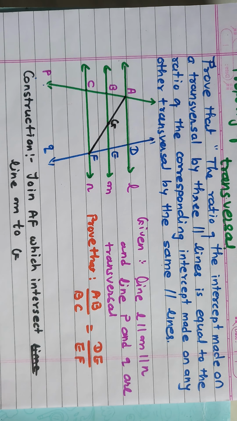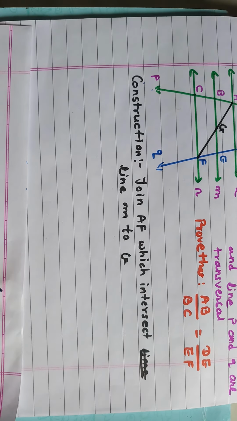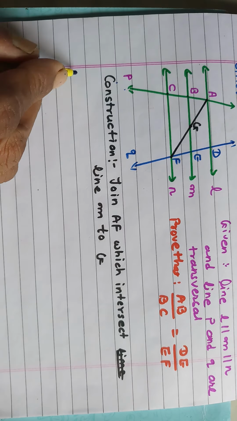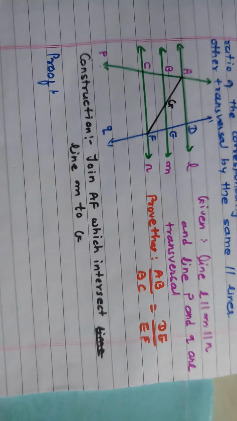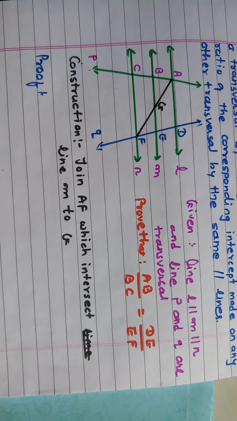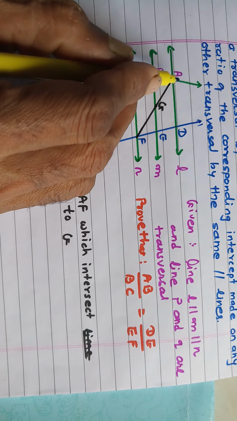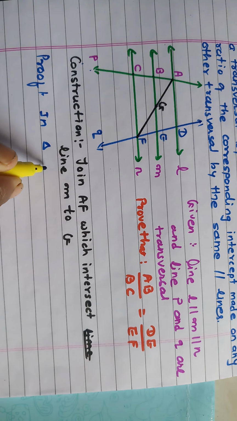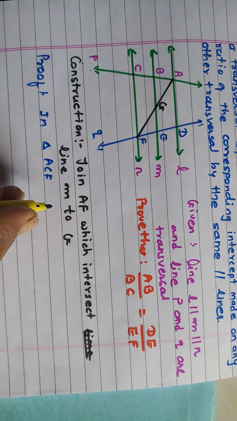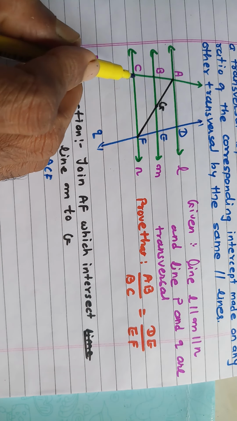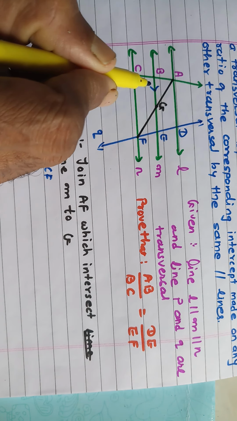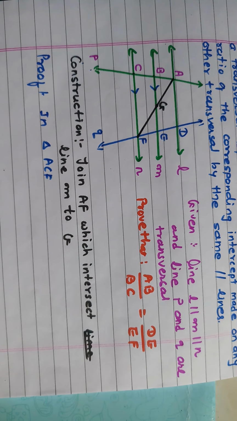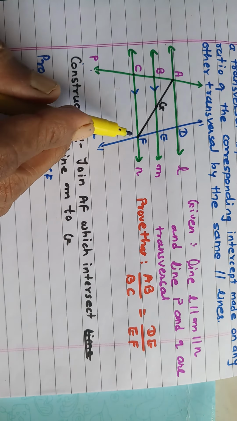Now let's see the proof. We learned BPT in a triangle. Take triangle ACF. In triangle ACF, BG is parallel to CF. Why?